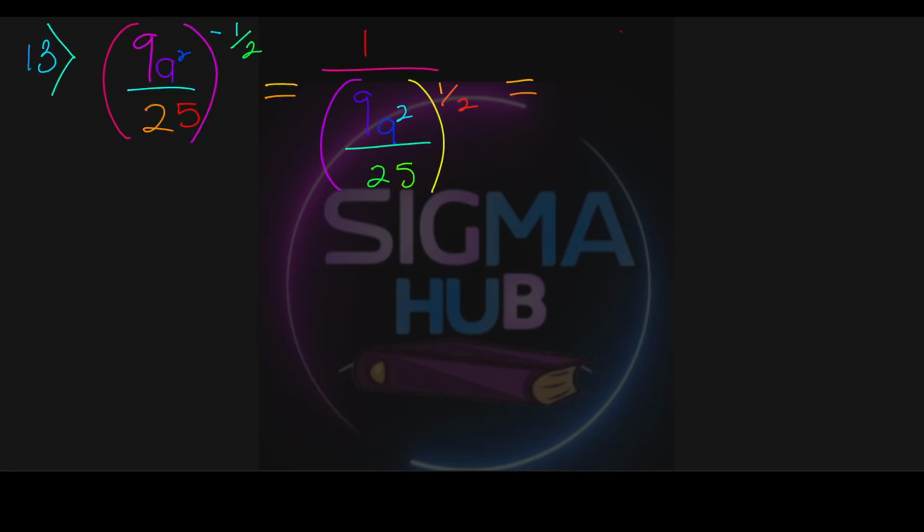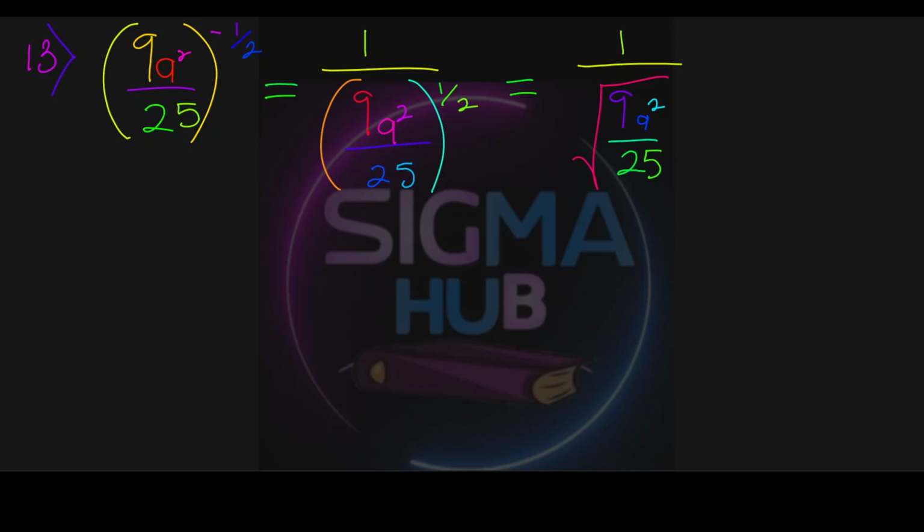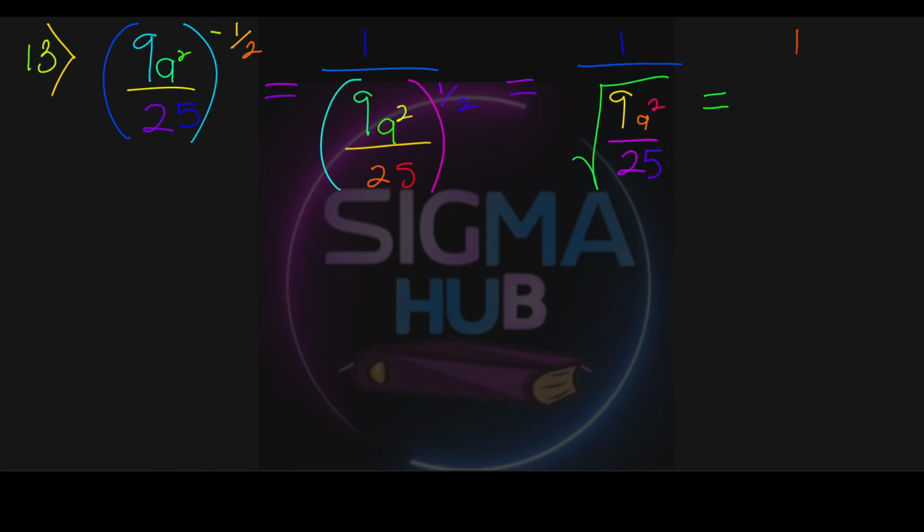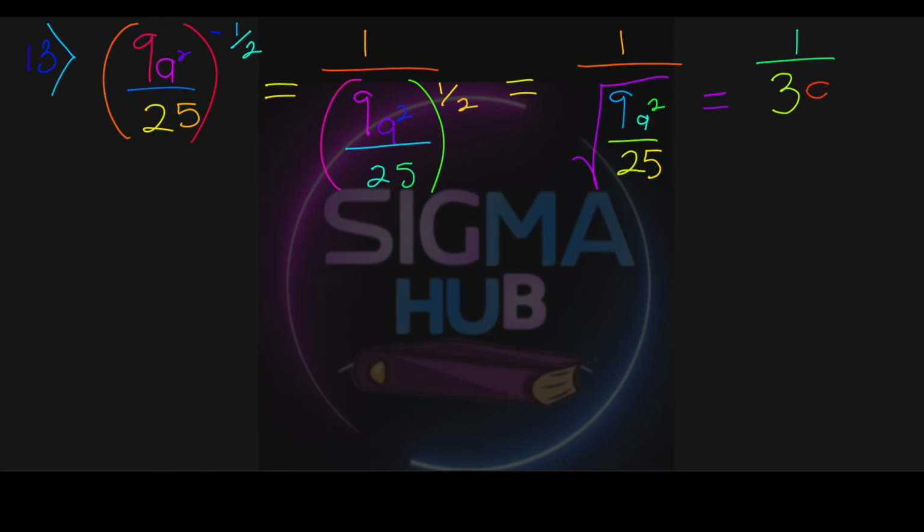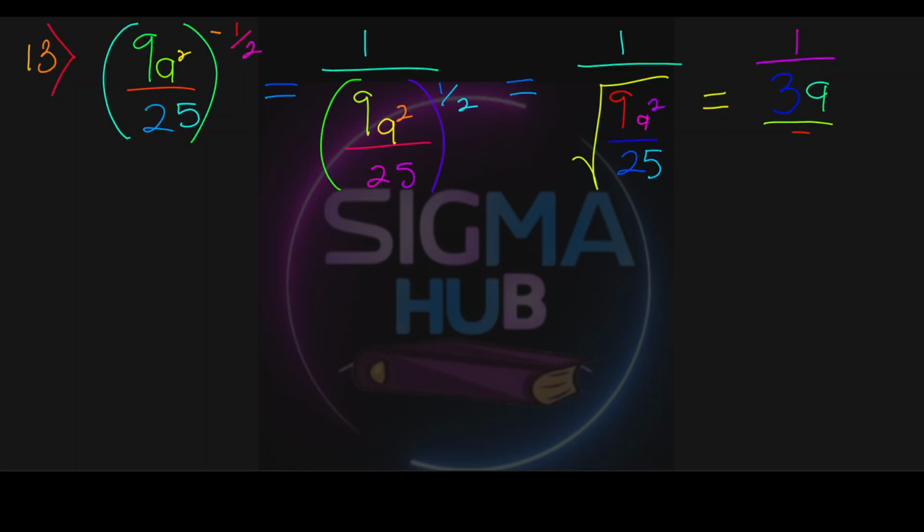So this is going to be equal to 1 over the square root of 9a squared over 25. Of course, we have 1 over the square root of 9 is 3, the square root of a squared is a, over the square root of 25 is 5.